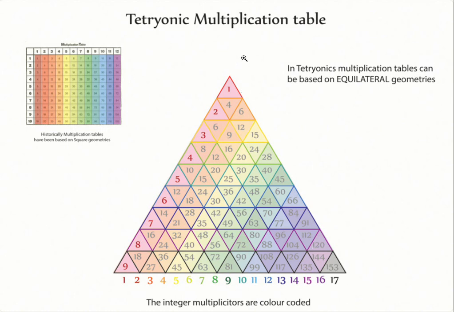But again, Tetryonics can give us a square table where we just measure the diagonals of the base and the side to give us our squared numbers. It gives us a more compact table than the same thing in square numbers because it's not repeating itself, but it's not as easy to learn or as intuitive as the square geometries.